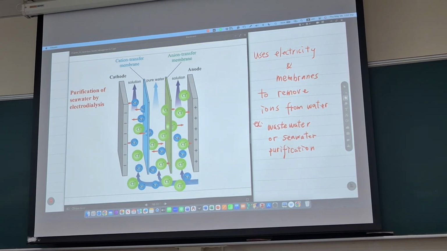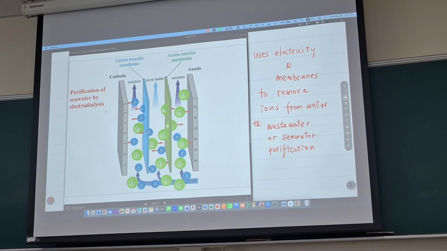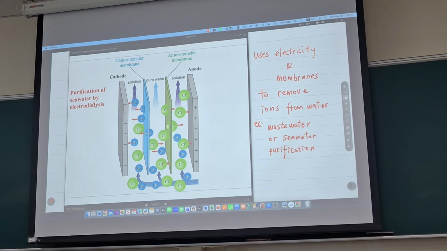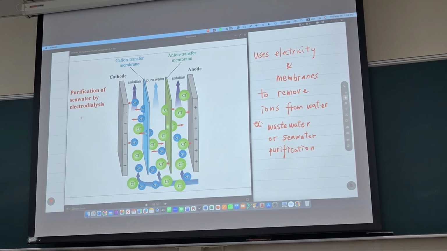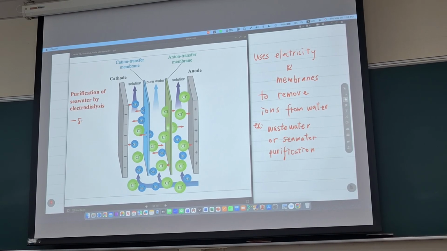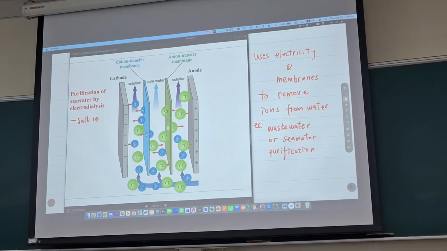The best concept is something like this one. This is the purification of seawater by electrodialysis, used for salt removal.